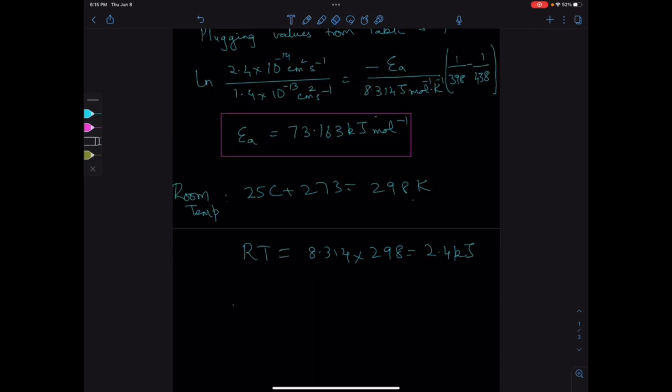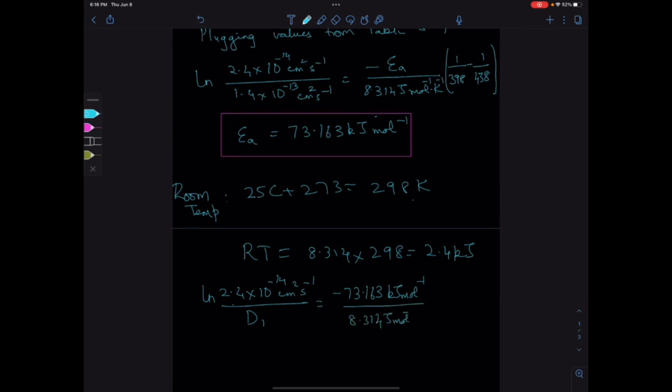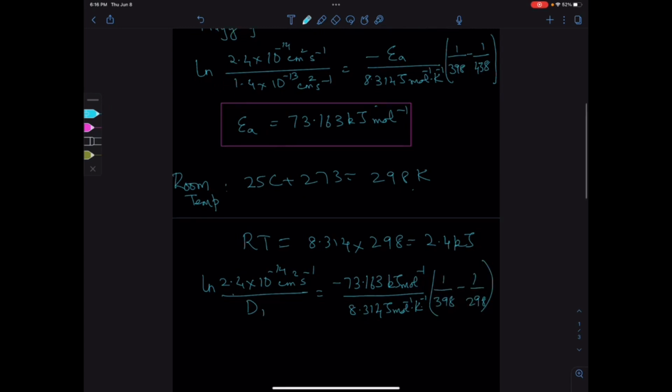Let us find out what the diffusion coefficient would be at room temperature using Arrhenius. 2.4 times 10 to the negative 14 centimeters squared per second over D1 at room temperature, which is unknown, equals negative 73.163 kilojoules per mole times 8.314 joules per mole Kelvin times 1 over 398 minus 1 over 298, which is the room temperature.